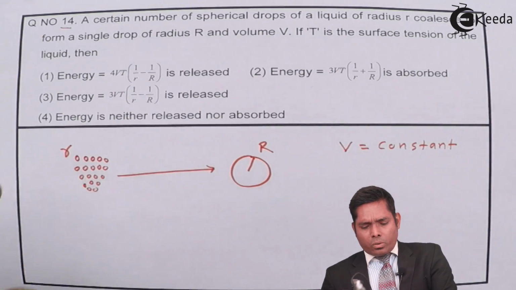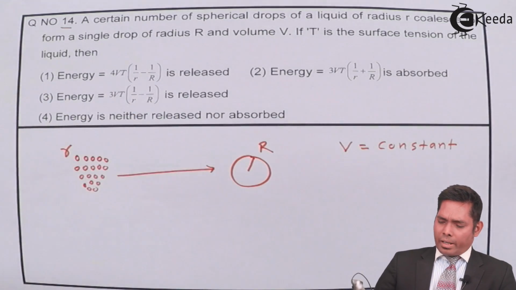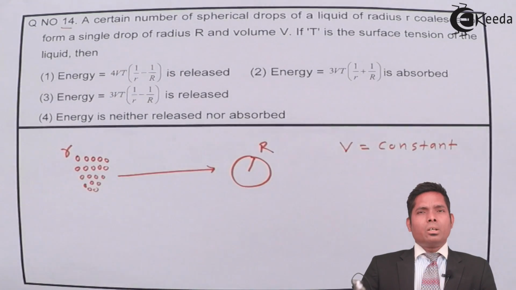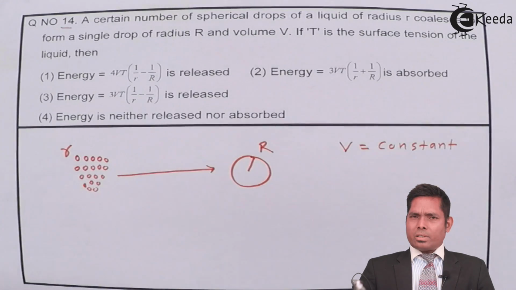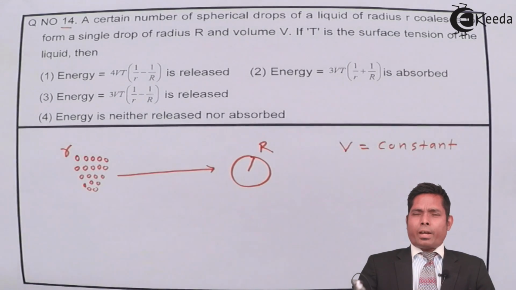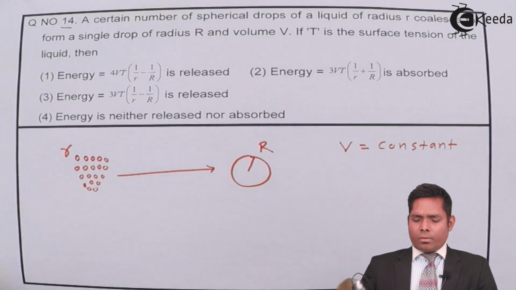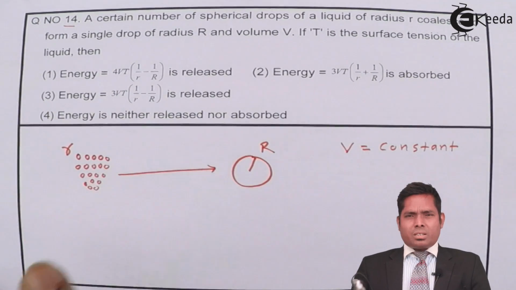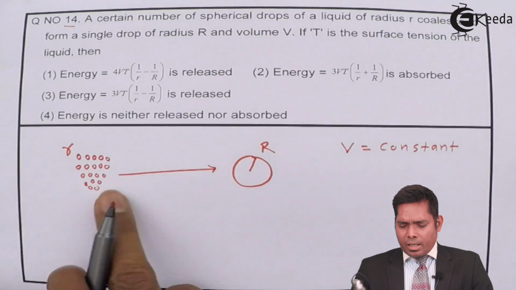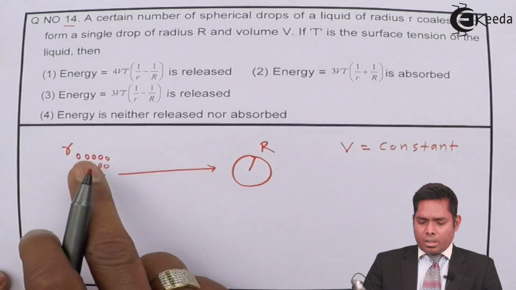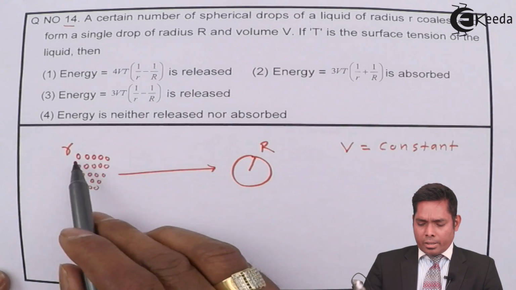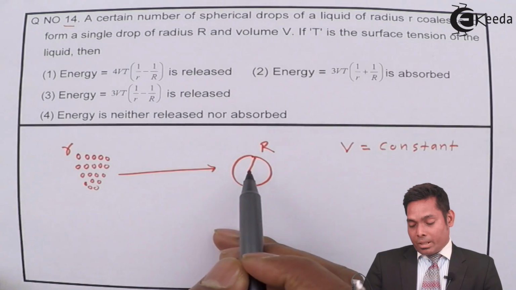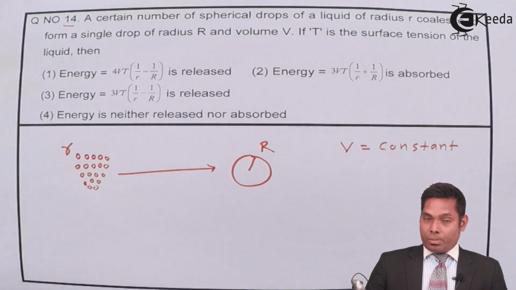Basically, it talks about the energy released or energy absorbed, or neither. So it's basically talking about energy. When you find the energy, only then can you find the answer. We know that in this process the surface area is actually decreasing, because this has a greater surface area than this. So that means energy is being released.